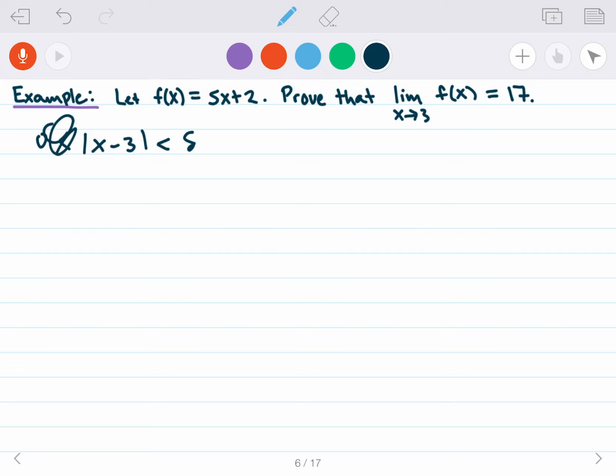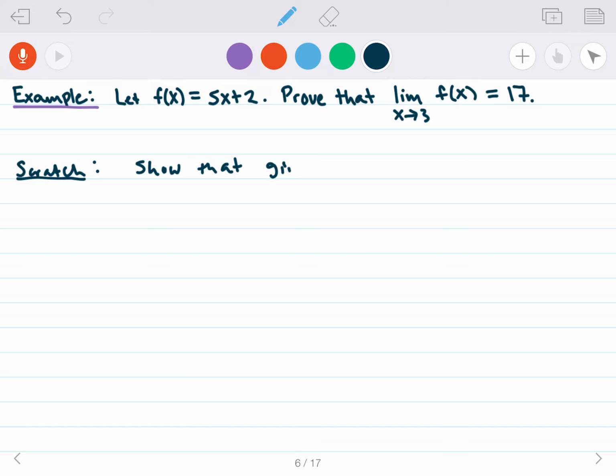I'm going to shorten this and just say absolute value of x minus 3 less than delta, and we're just going to live with it and just assume, okay, yeah, absolute value of x minus 3 can't be 0, x can't be 3. Okay, fine. So what we want to show, and this is my scratch work, we want to show from the definition that given an epsilon bigger than 0, we need to find a delta. This is what we're trying to find, such that, what's our C?